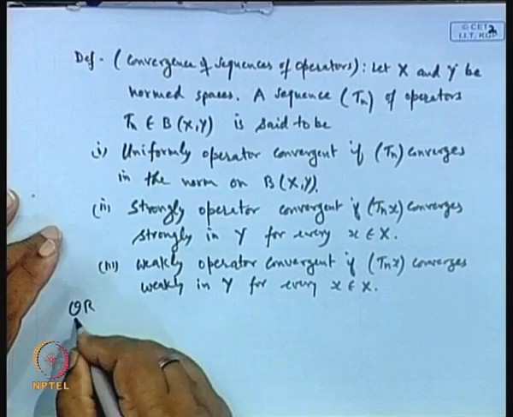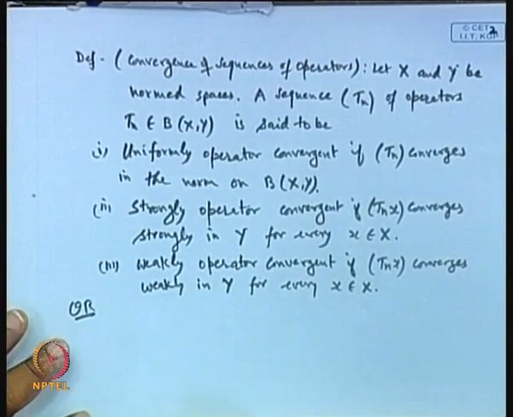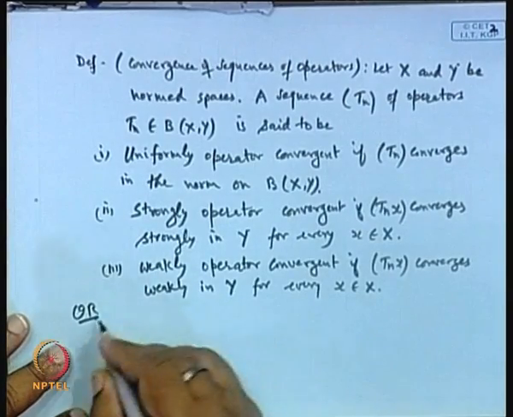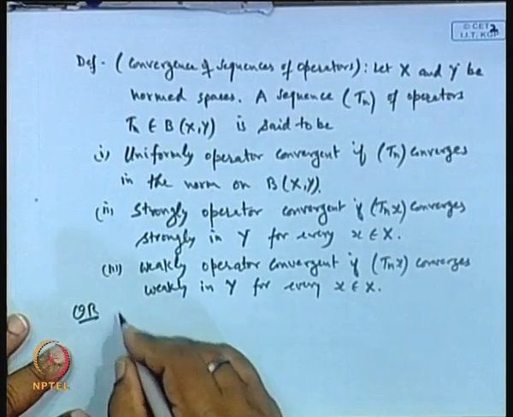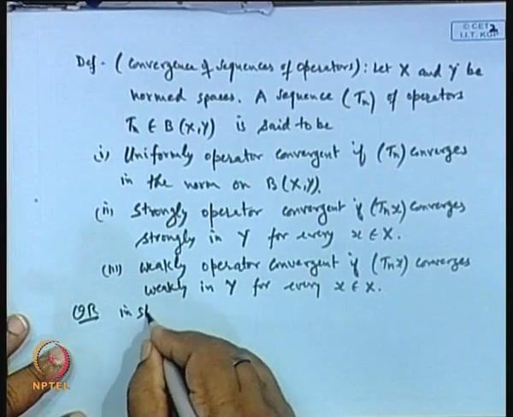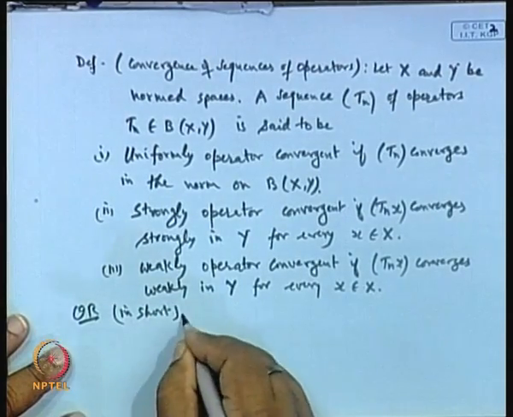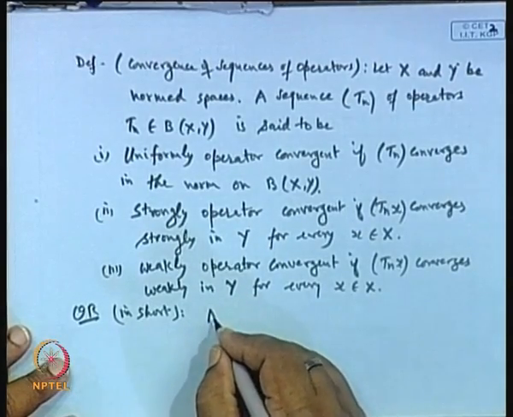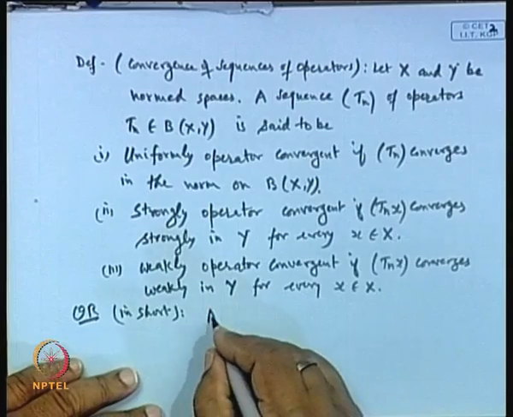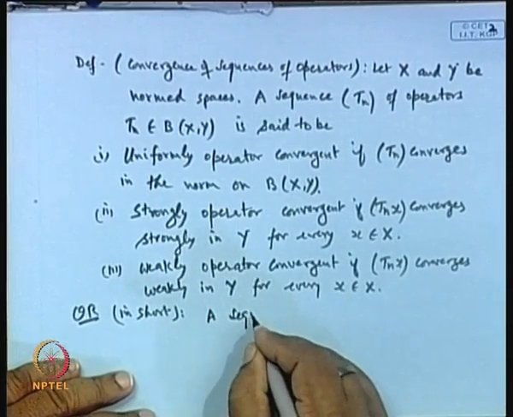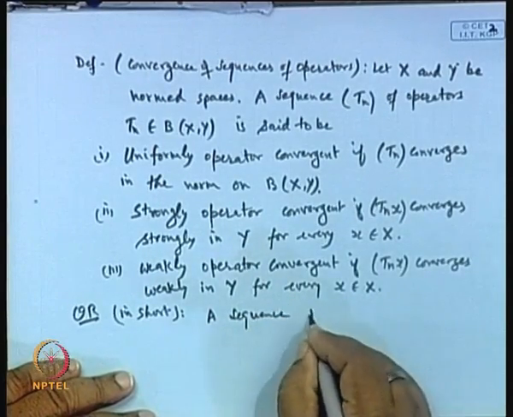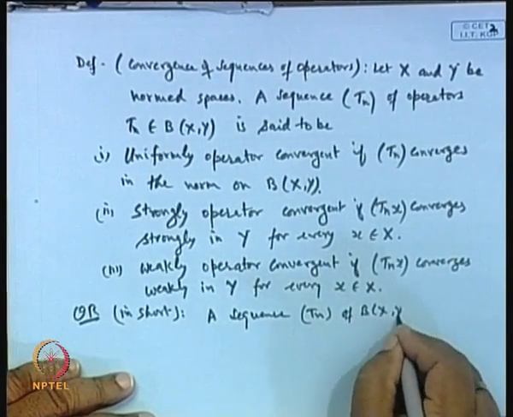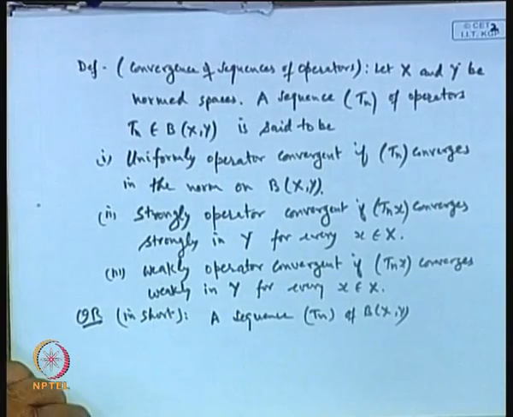Or in notation wise we can define it like this, or we can formulate it. In short we write a sequence T_n belonging to B(X, Y), is it not?